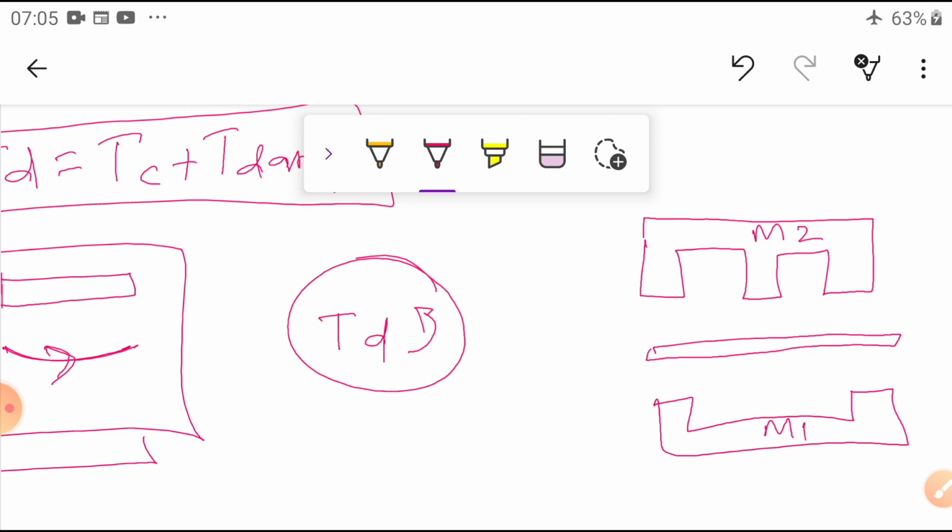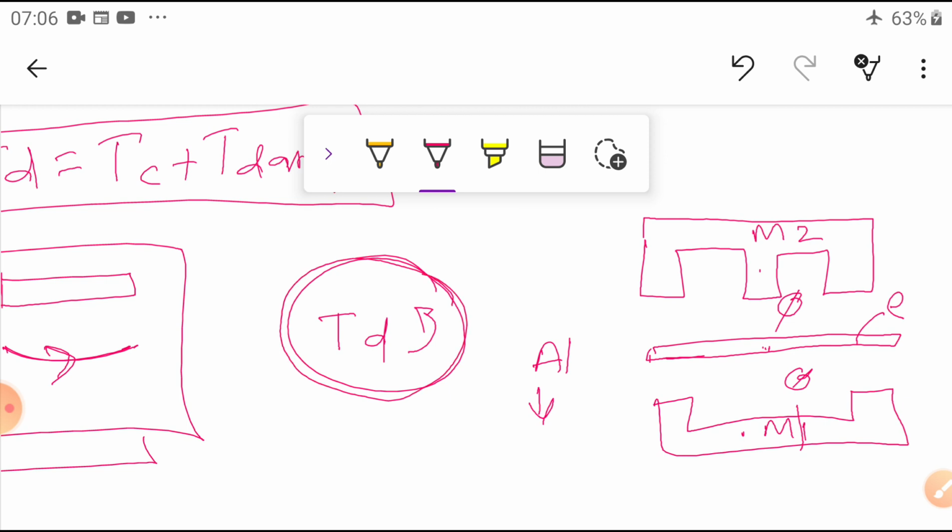The magnets produce flux. The disc is nothing but aluminum, which is a good conductor, and due to the magnetic field of these electromagnets there is an induction effect, and it produces eddy current inside the aluminum.